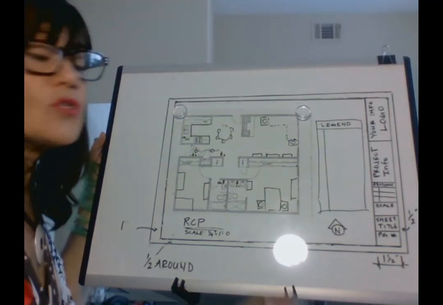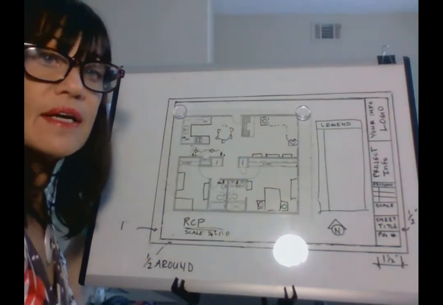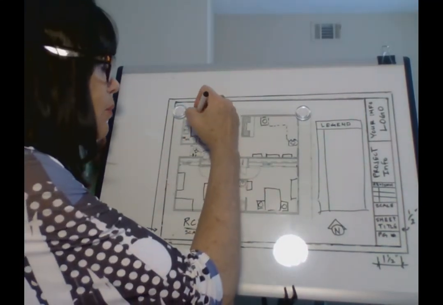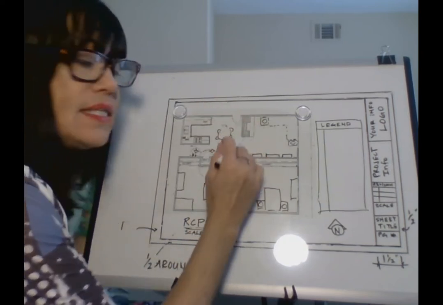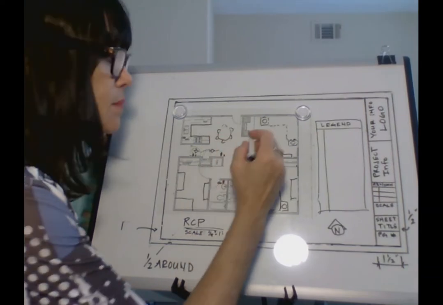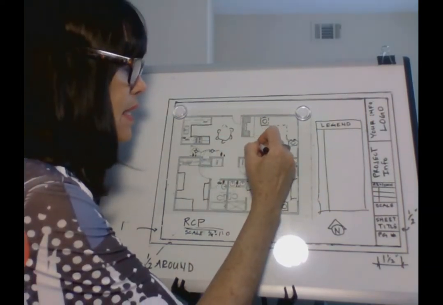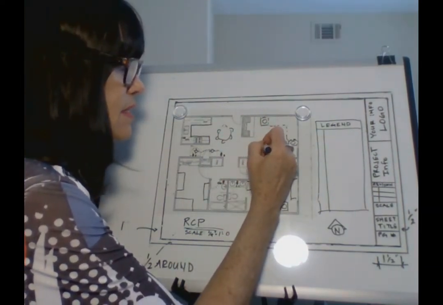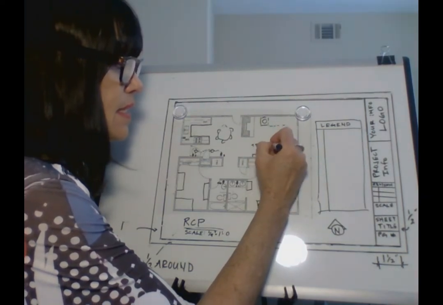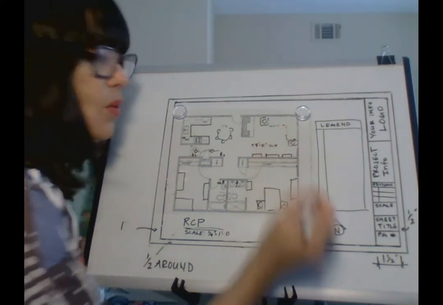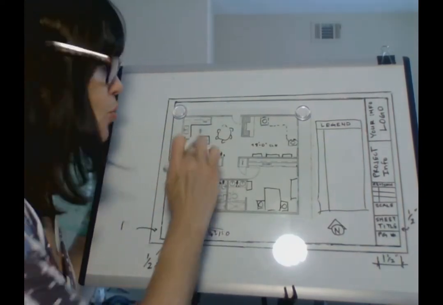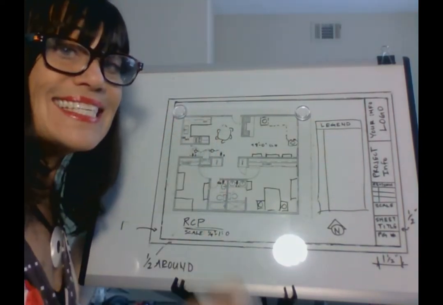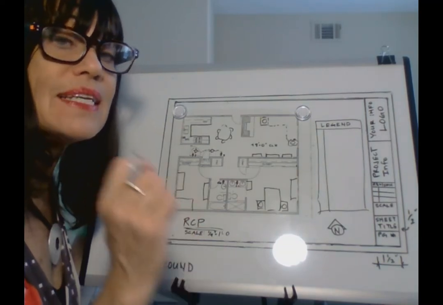So on your RCP, remember we have ceiling heights? Here, this whole ceiling is plus 8 feet, 0 inches ceiling height. But this is a foot soffit, so that ceiling height is different, and it's going to be 7 feet ceiling height.